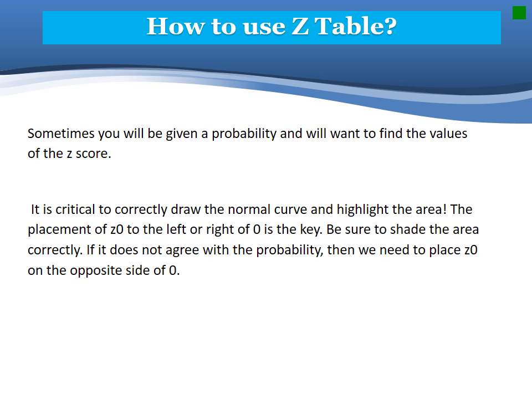If it does not agree with the probability, then we need to place z0 on the opposite side of 0. For example, if the shaded area is greater than 0.5 and the probability you draw is smaller than 0.5, then you should place z0 on the opposite side.